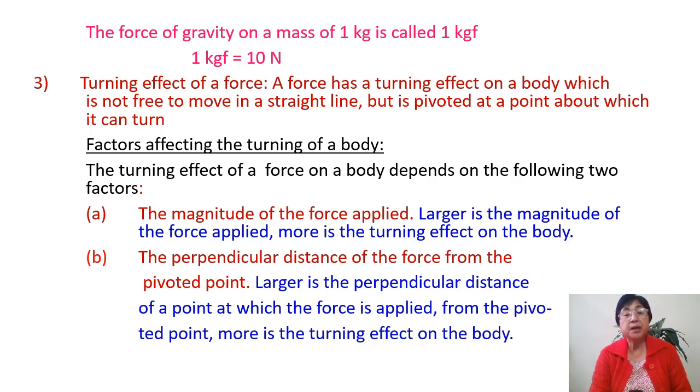Larger is the perpendicular distance of the point at which the force is applied from the pivoted point, more is the turning effect. That means if the pivoted point is here, and then we take a large distance to apply the force, then more is the distance, more will be the turning effect.